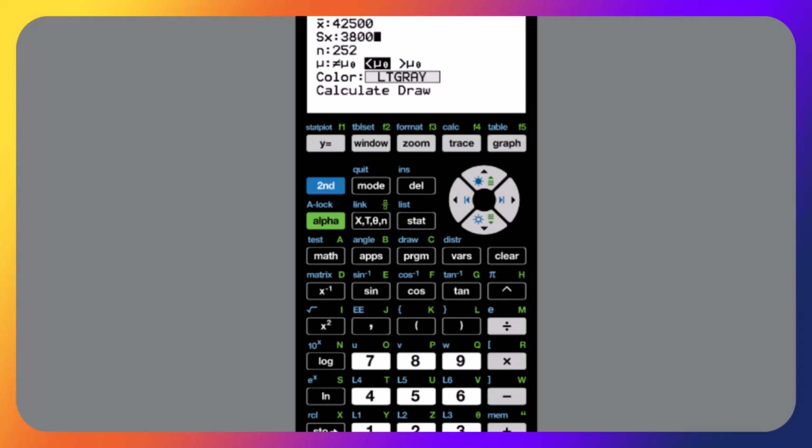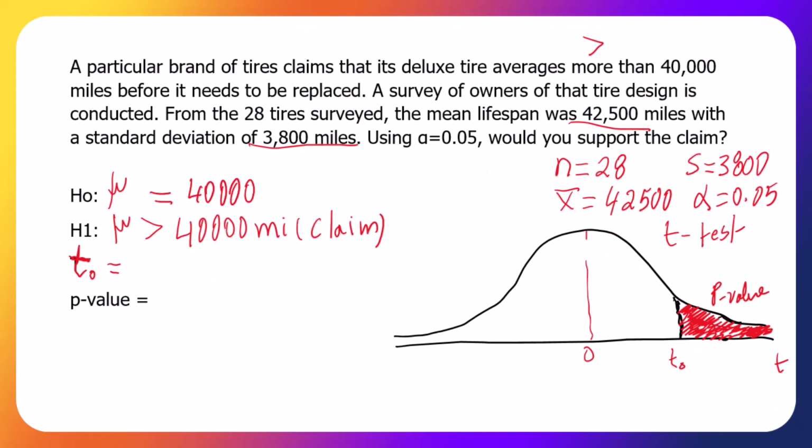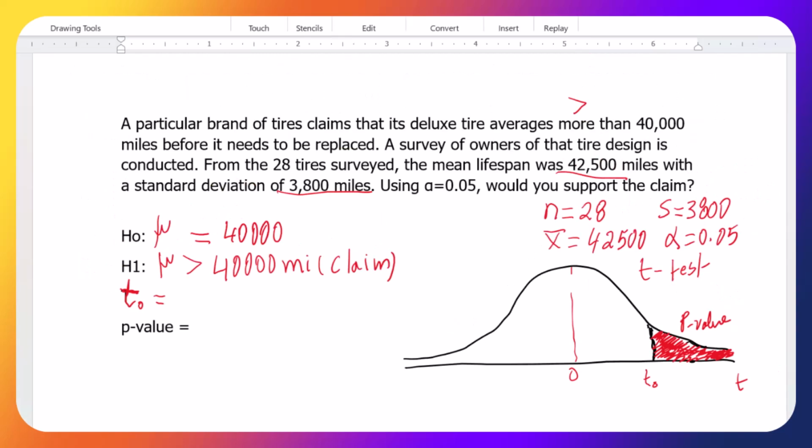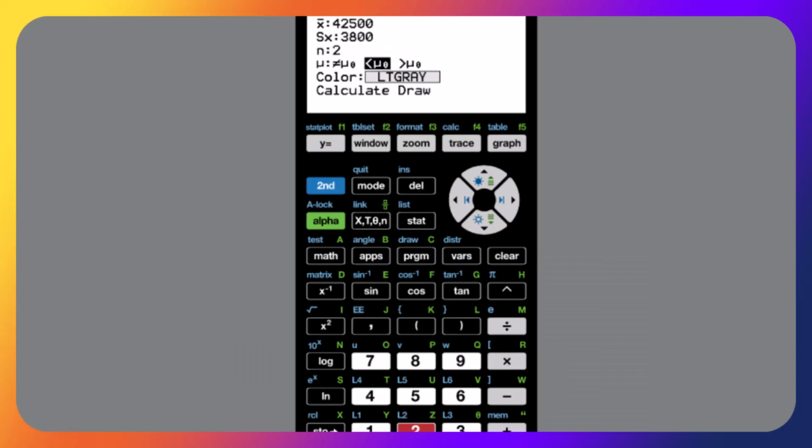N, how many tires did we have in the sample? I think it was 28. And what is the sign in the alternative? It's greater than. Enter. And then before I hit, I want to change the colors here. Okay, blue.